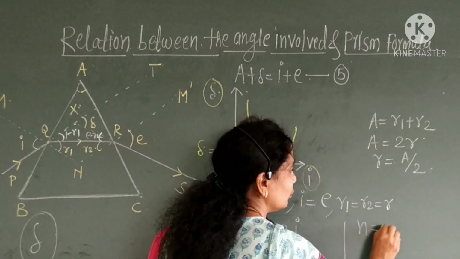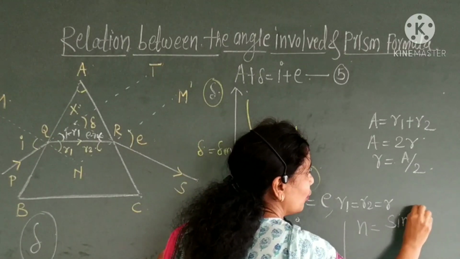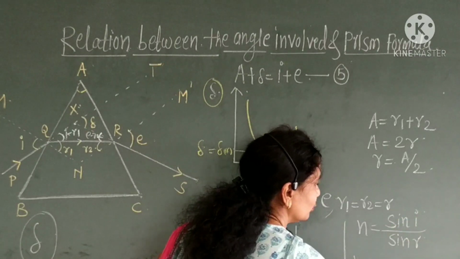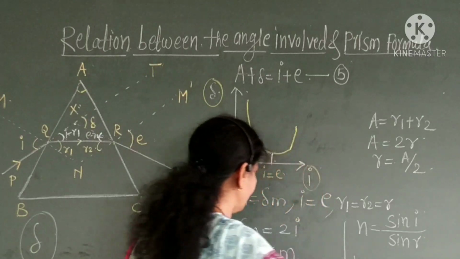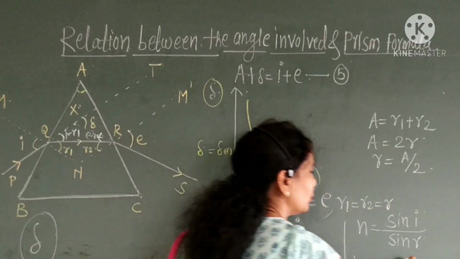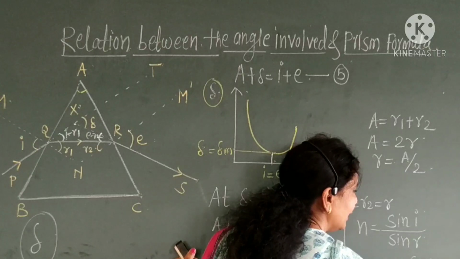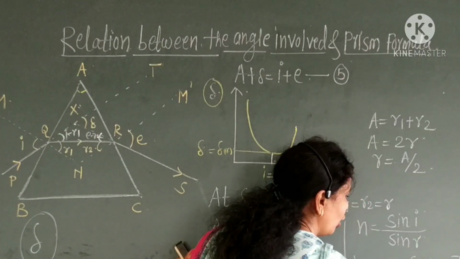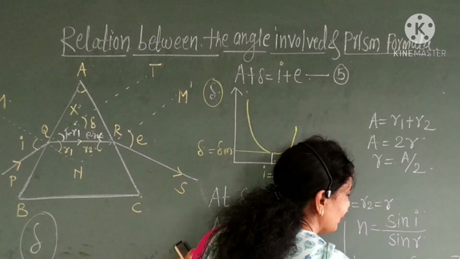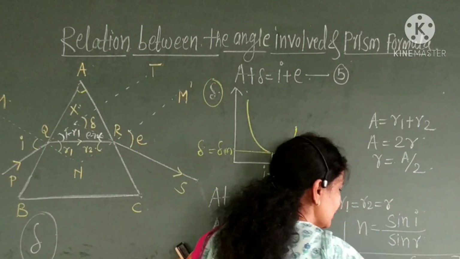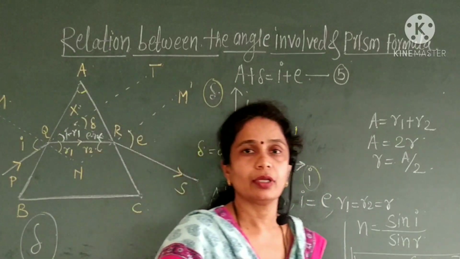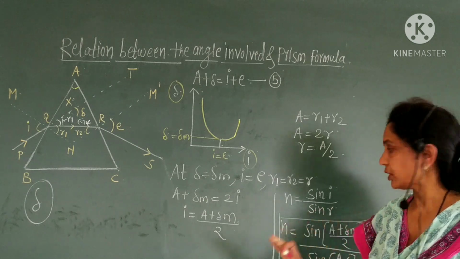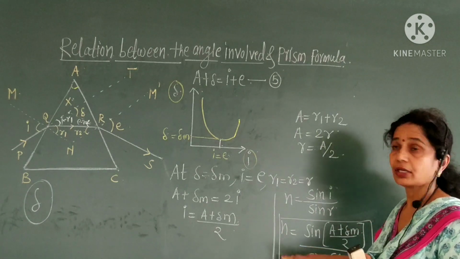N is equal to sin I upon sin R. Okay, therefore N is equal to sin of I ची value put करा, I is equal to A plus delta M upon 2, upon sin of R ची value put करा A by 2. This equation is called the Prism formula.